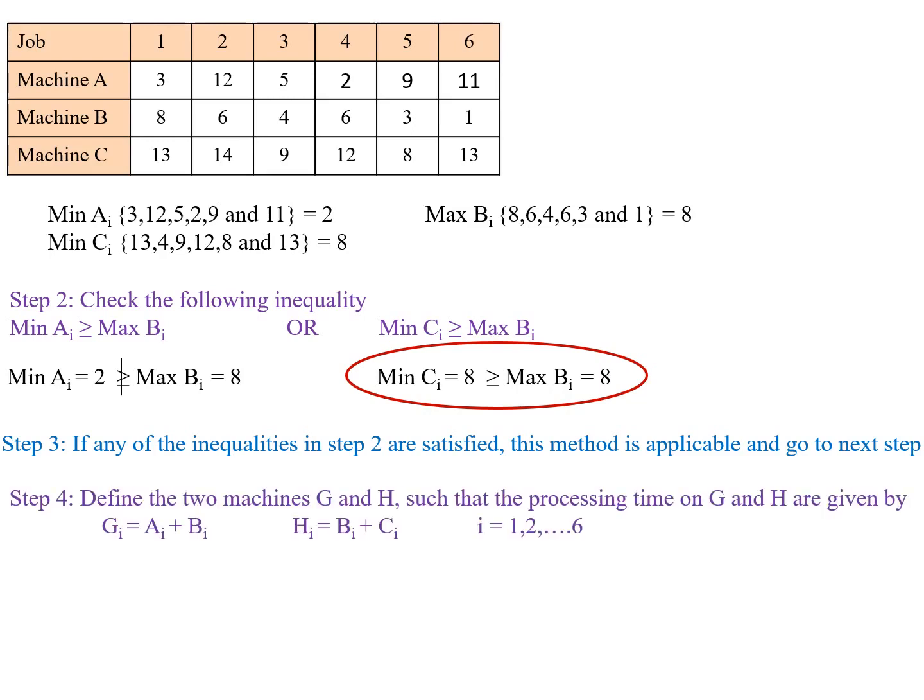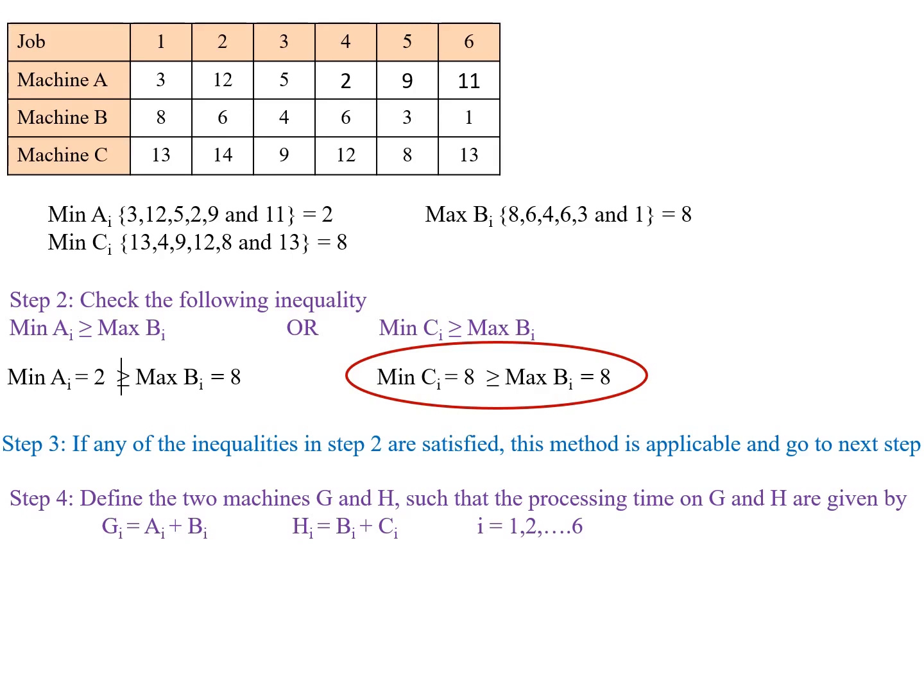Step 4 is to define the two machines G and H. Here the given machines are 3, but we have to convert the 3 machine problem into a 2 machine problem. So we define the 2 machines, G and H, such that the processing times on machines G and H are given by the following relations.